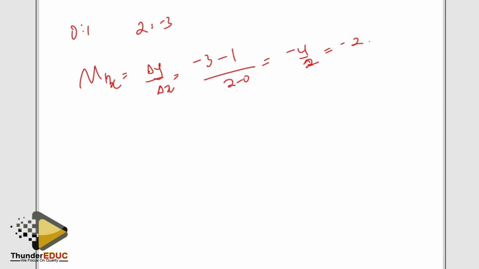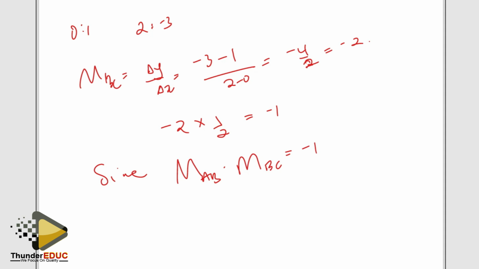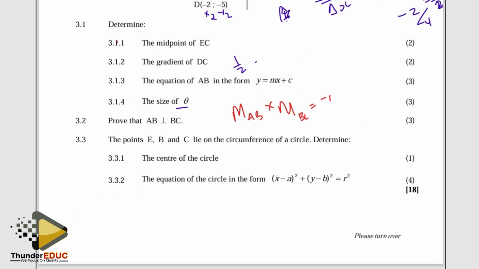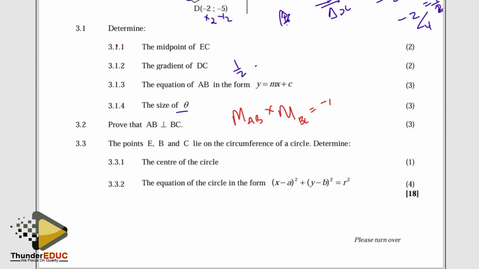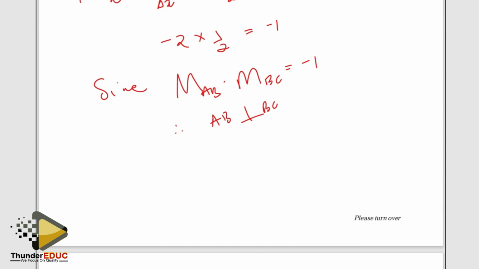So if I get -2 times my half, then tell us that since the gradient of AB times the gradient of BC is giving me -1, therefore AB is perpendicular to BC. Let me just confirm. Perfect. So that is what you do.